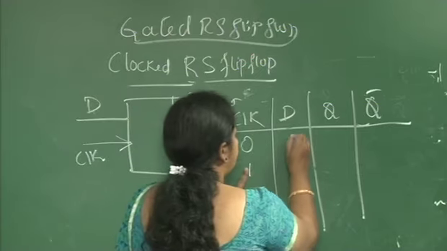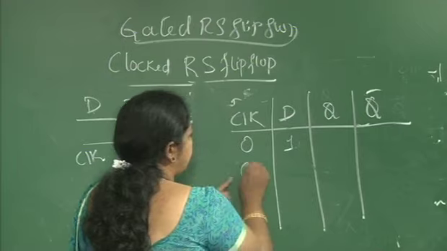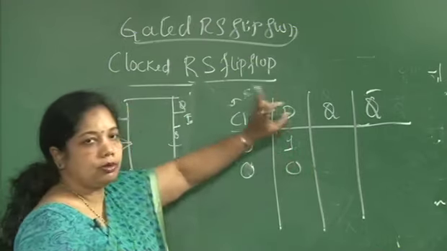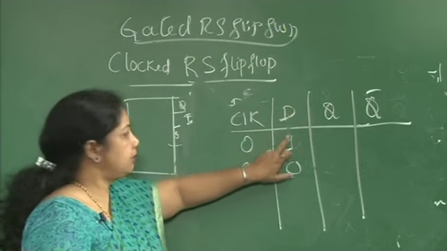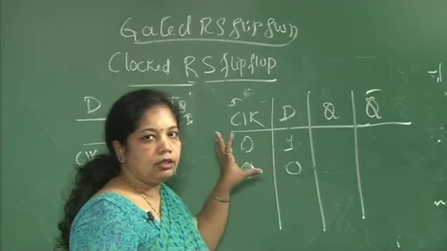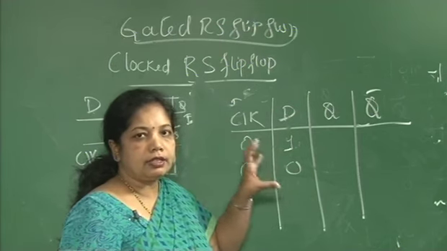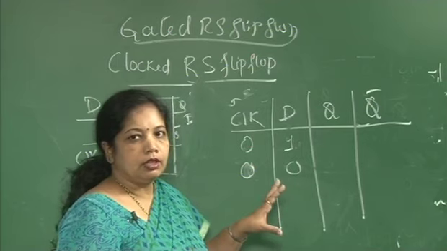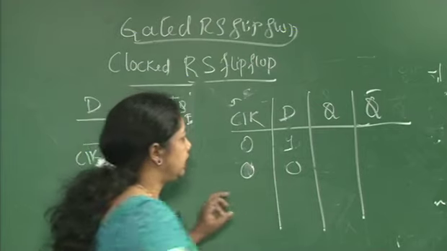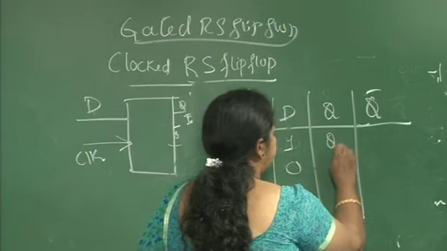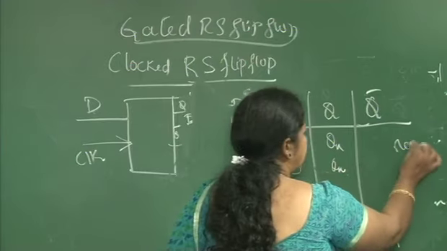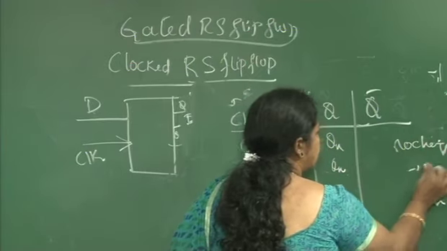D has either 1 input or 0 input. Since I have got a single input here, either it can be 0 or it can be 1. Since my clock is 0, totally your input to the AND gate is 0, means it is disabled. So no matter whatever the input you are sending here, either 1 or 0, it remains in the previous state. This condition is called no change condition.